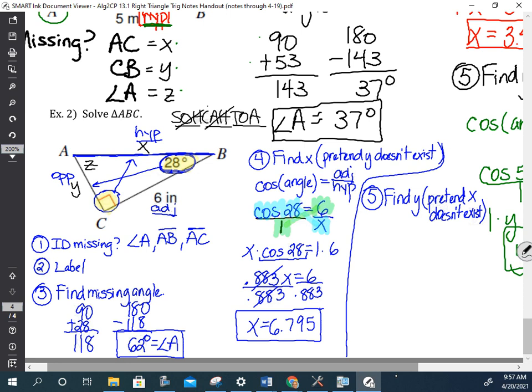The only trig function that begins with the letter T. So, tangent. Tangent of an angle equals opposite over adjacent.